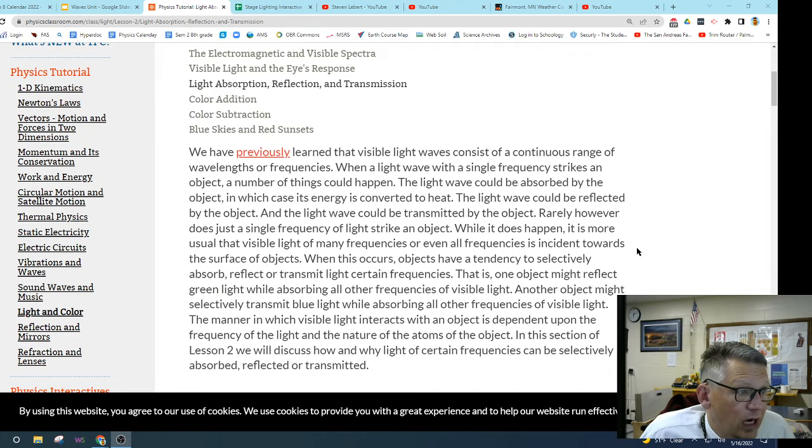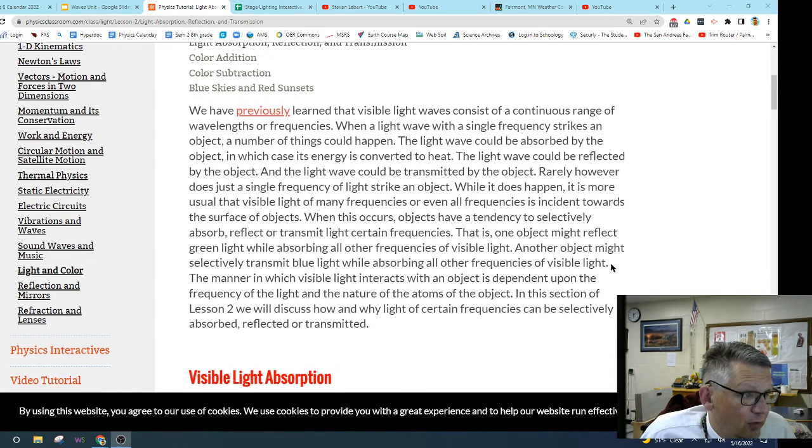When this occurs, objects have a tendency to selectively absorb, reflect, or transmit light of certain frequencies. That is, one object might reflect green light while absorbing all other frequencies of visible light. Another object might selectively transmit blue light while absorbing all other frequencies of visible light.